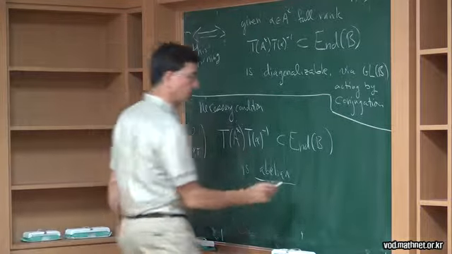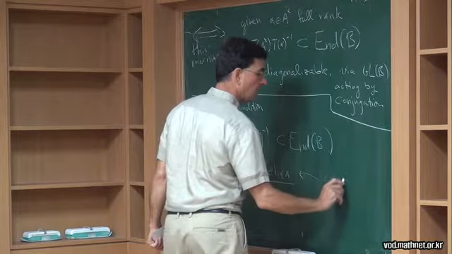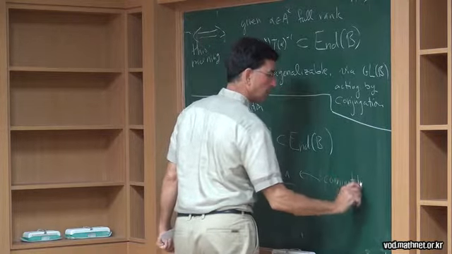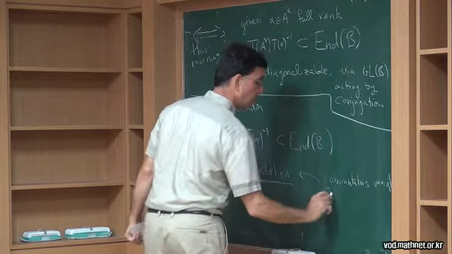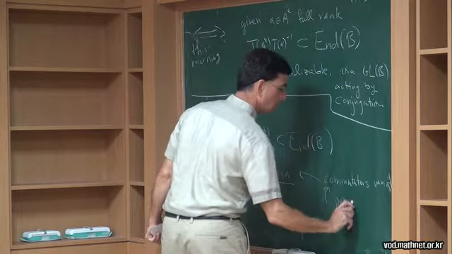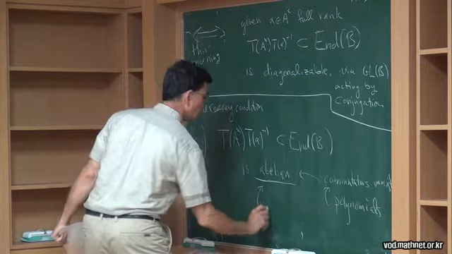Now, the property of being abelian is that commutators vanish. And these are polynomials. So this is a Zariski closed condition.